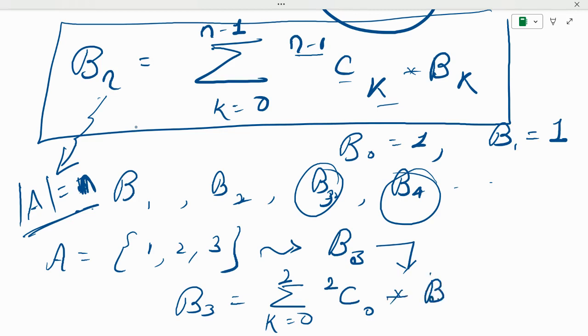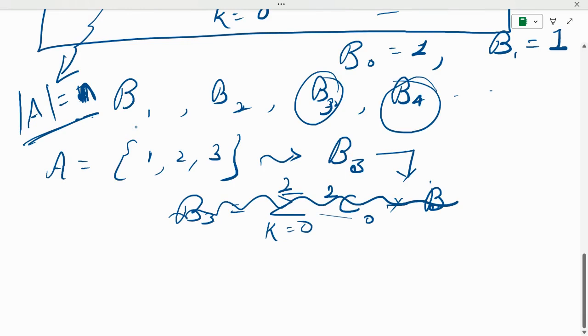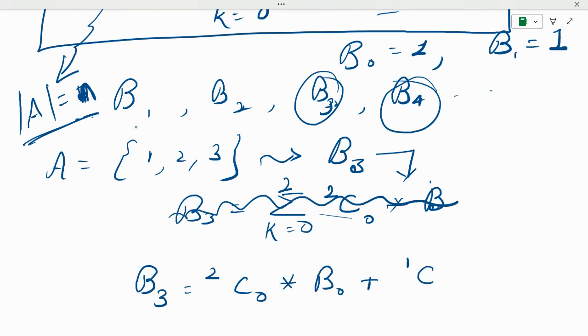We have to sum up like this: B3 is equal to 2C0 times B0, plus 2C1 times B1, plus 2C2 times B2.